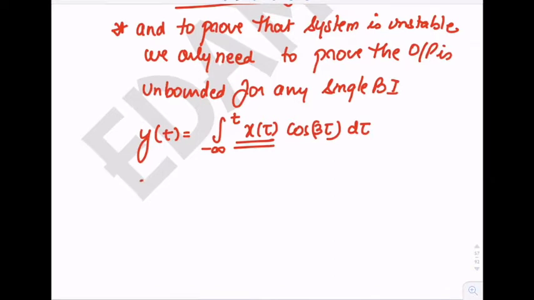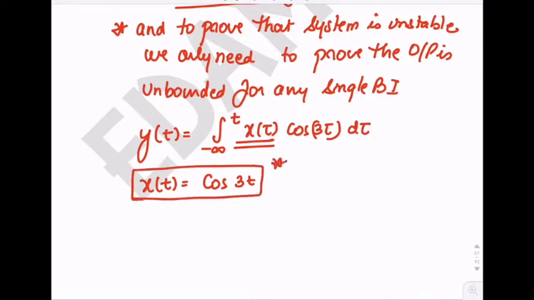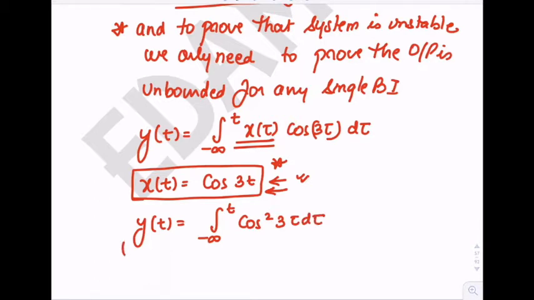But if we give x(t) equal to cos of 3t, which we know is a bounded input, this is a special case where for this single bounded input, y(t) will be equal to the integral from minus infinity to t of cos square 3 tau d tau, and we can see that this will be an unbounded output, okay?